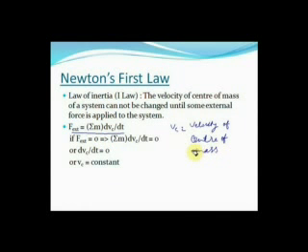Now let's see what happens when there is no external force, that is F external is 0. So in this case, sigma m into dvc by dt will be equal to 0, or dvc by dt will be equal to 0, which means that vc is constant. So in the absence of an external force, the velocity of center of mass is constant, which is the same thing as stated in Newton's first law.